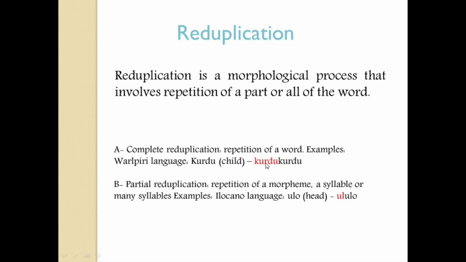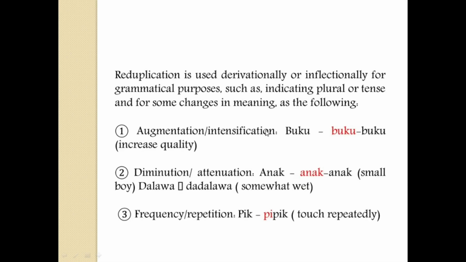So in the first example, we duplicated the whole morpheme, the whole word, as you can see, kurdu-kurdu, which is called complete reduplication. But in the second example, we didn't duplicate the whole morpheme. We only duplicated the first syllable of the word. So this is as far as reduplication.